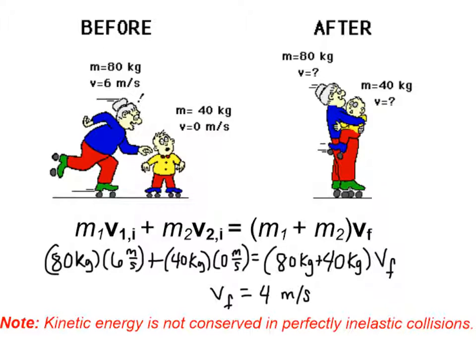So objects that are involved in inelastic collisions are deformed during that collision, and they lose some of their kinetic energy. Not necessarily all of it, but some of it. And you can calculate the kinetic energy using the formulas that we have already learned for kinetic energy.